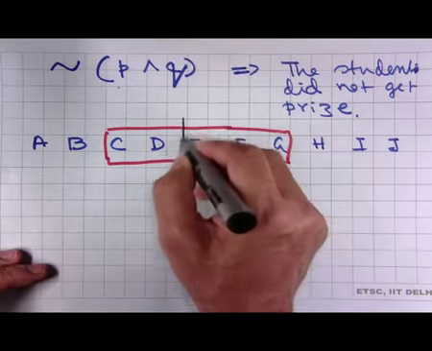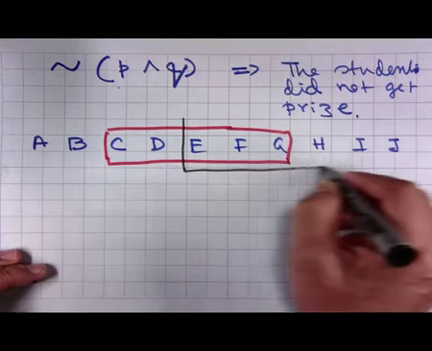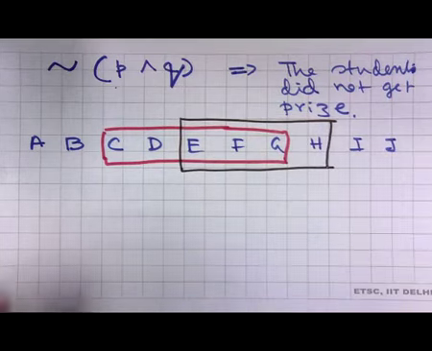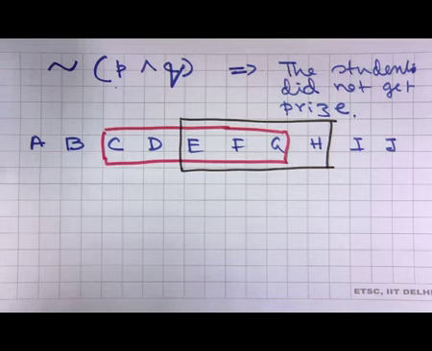It is E, F, G, H. So, which are the elements who belong to that set?